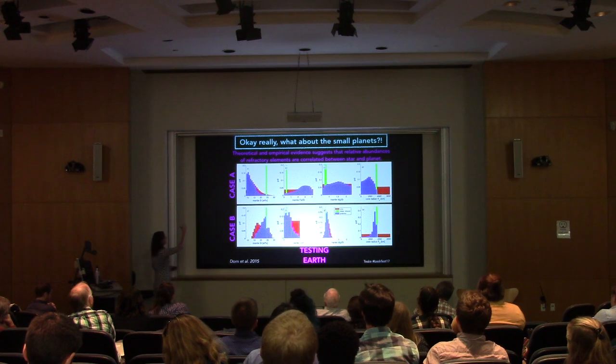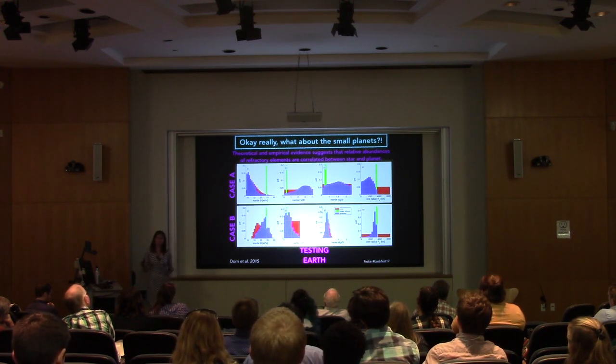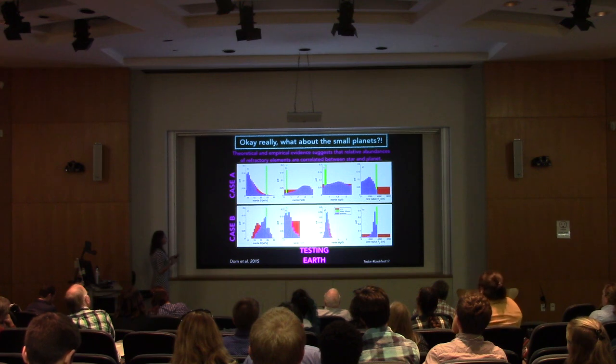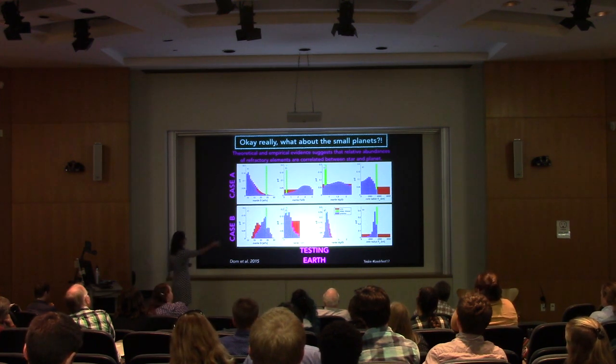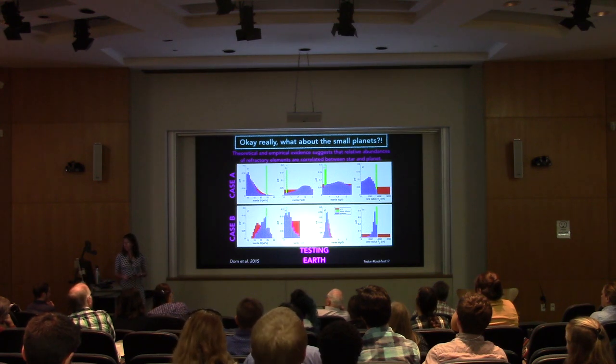And then the blue is the posterior distribution. In case A, she's not using any information from the sun, its composition, in her modeling. And in case B, she is. You can see that the match between the posterior and the actual independently inferred results is better when she's using the solar composition information.